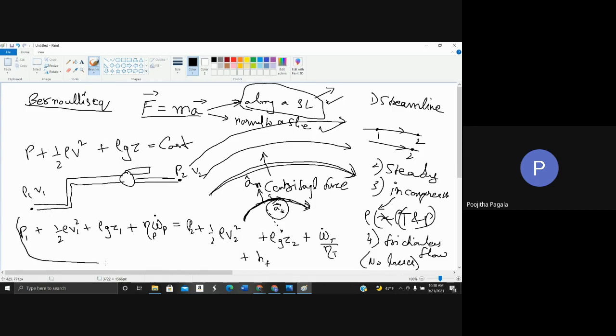This is the most generalized form of Bernoulli's equation, which also takes into account the presence of pump, turbine, and also losses.